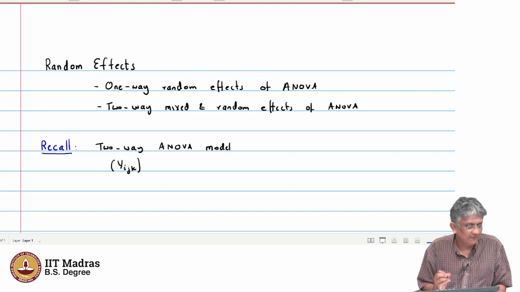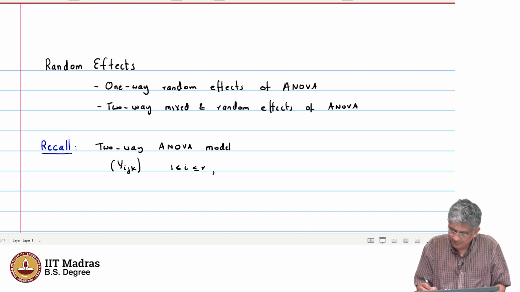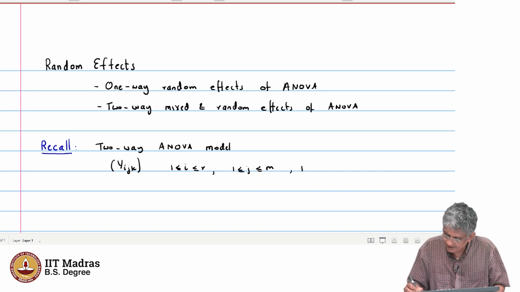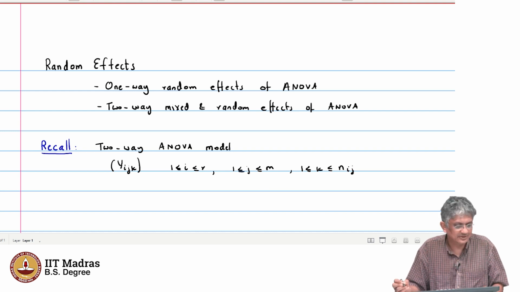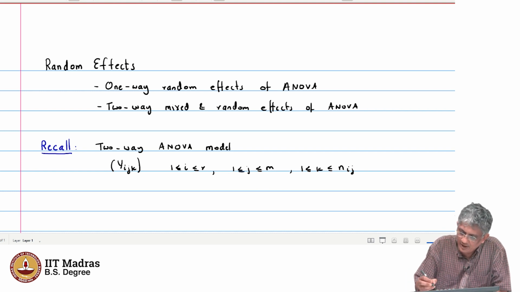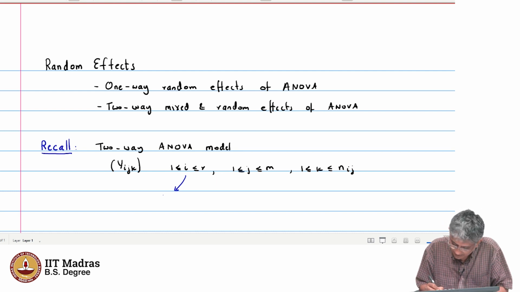We had i between 1 and a number R, and j between 1 and M, and k between 1 and something that depended on both i and j, so Nij. This is what we call the first grouping variable.